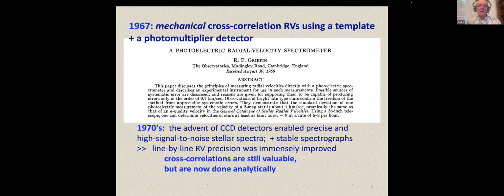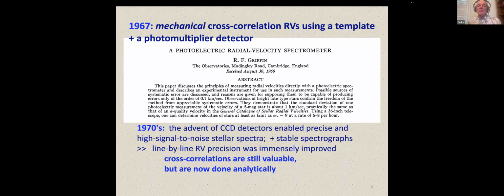A photomultiplier was an electronic detector, but essentially only a single pixel, but it was much more sensitive than a photographic plate. By changing the relative position of the spectrum on the template, he could do a cross-correlation analysis. The advantage of this, well, it didn't improve the precision.